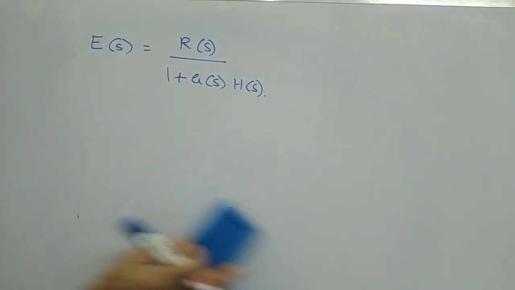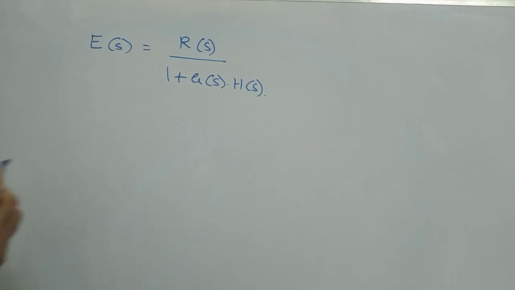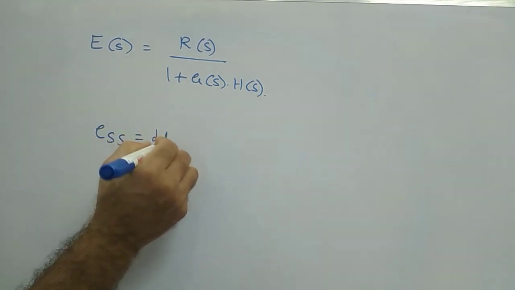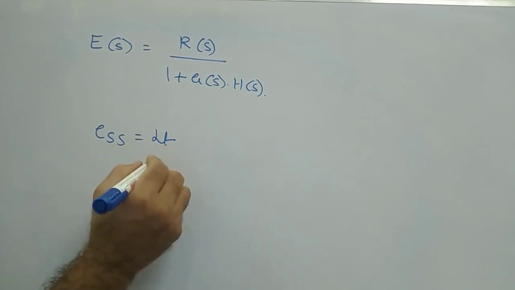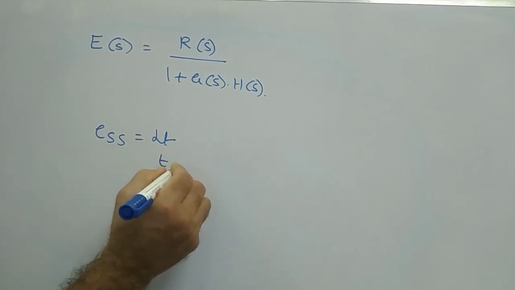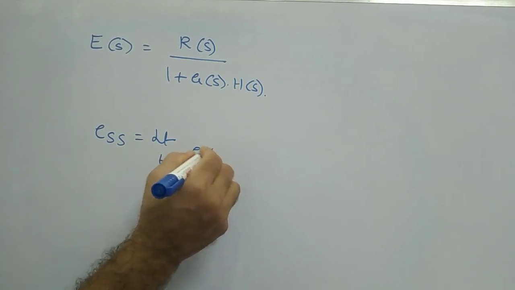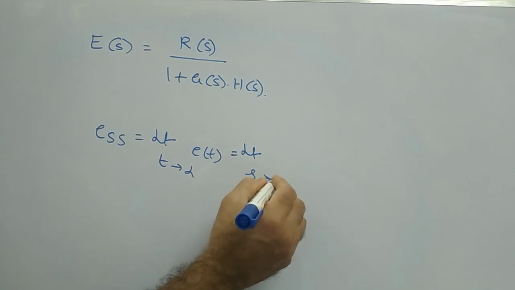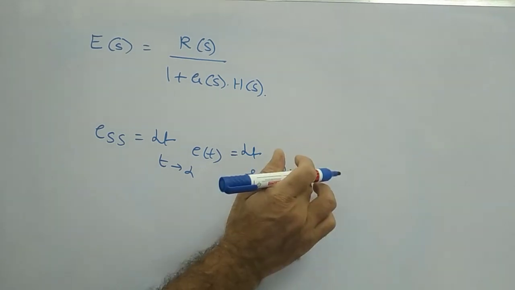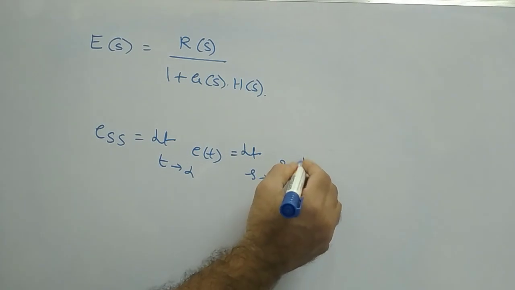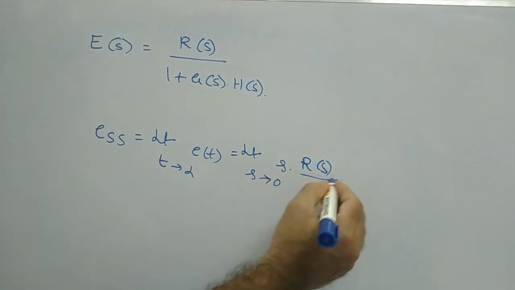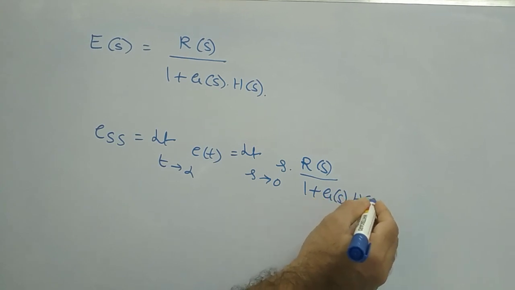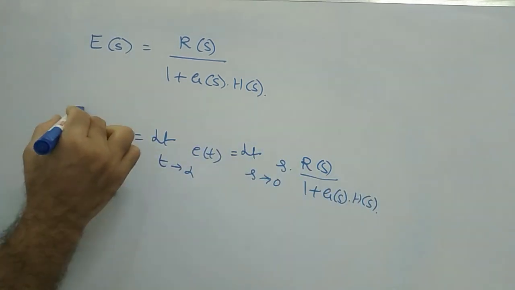If you substitute this, then your steady state error is equal to limit t tends to infinity e of t, which is equal to limit s tends to 0 s into E of s. Basically E of s is nothing but R of s by 1 plus G of s into H of s.